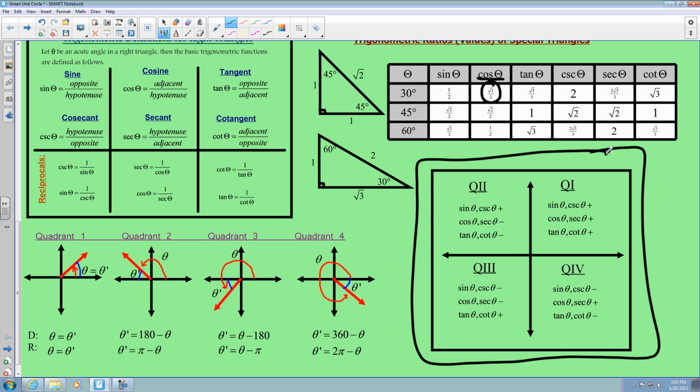Cosine is positive in 2 quadrants: quadrant 1, and also quadrant 4. So there's another radian value where, if I take the cosine of it, I'm going to get the square root of 3 over 2. And how we find that is this.